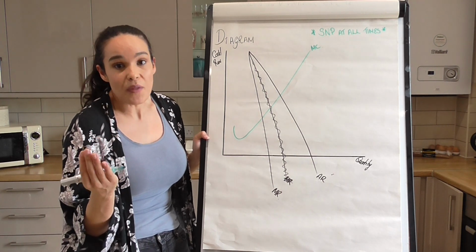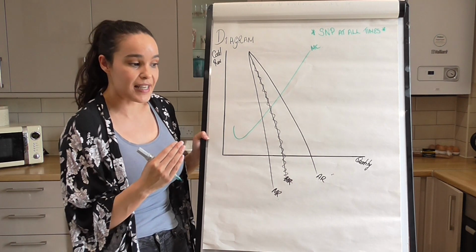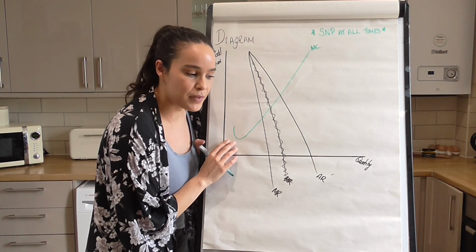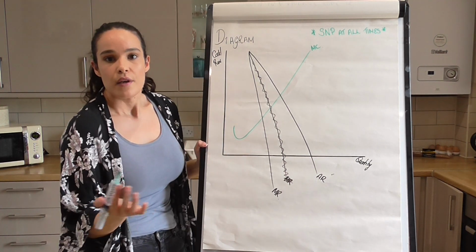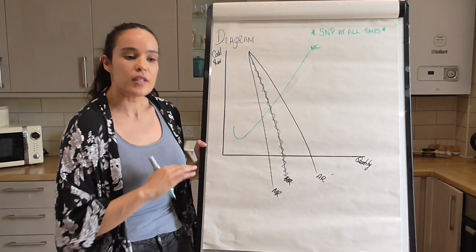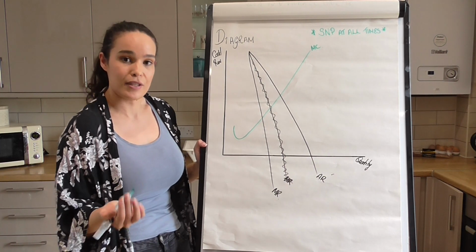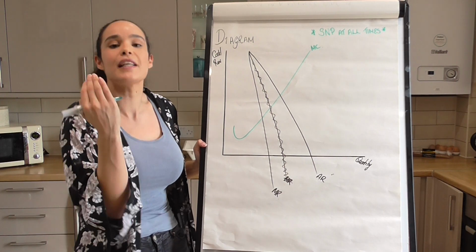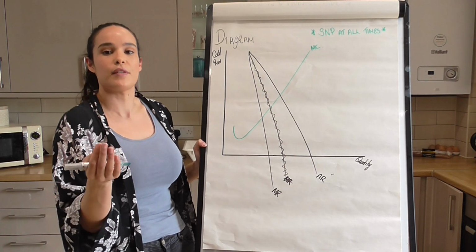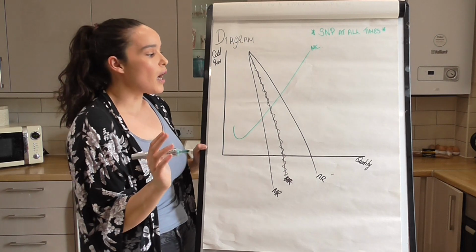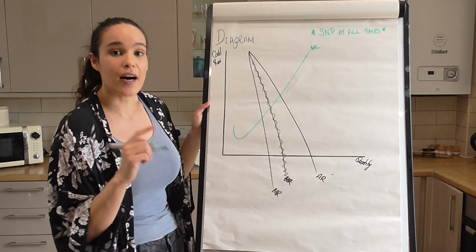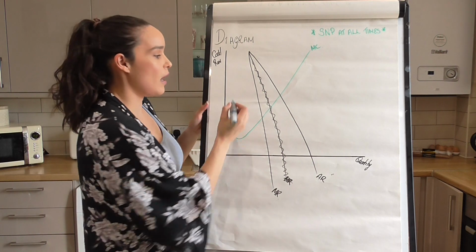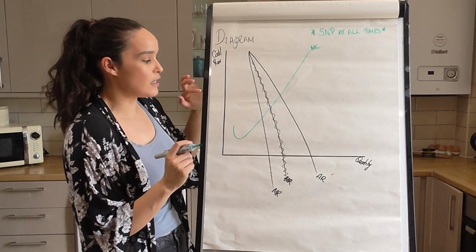Well, one thing that's massively different, that affects the AC, doesn't really affect the MC, is our advertising. So we have huge amounts of advertising. Just think about the car market for instance. Think about when you turn on the TV, how many adverts do you see for different types of cars? Loads. So our average cost is actually quite high in the oligopoly industry.